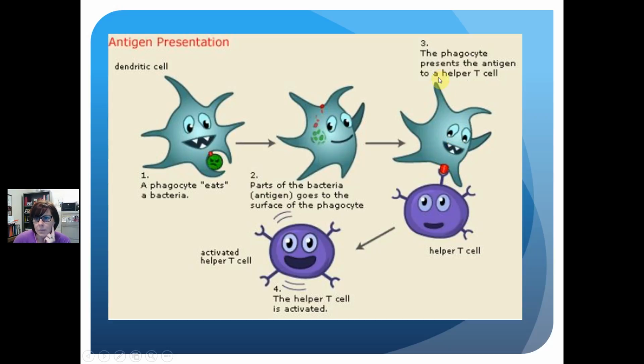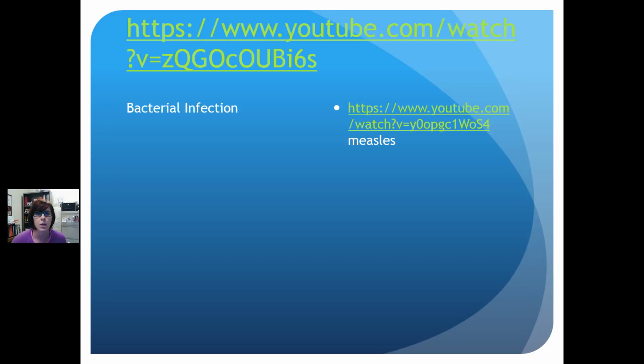Then this dendritic cell will present the antigen to the specific helper T cell that it matches. It can take a while, because you have to find the right helper T cell that matches that invader. Once it does, the helper T cell becomes activated, and says, B cells, you need to do your job, and tells other T cells to come into action.